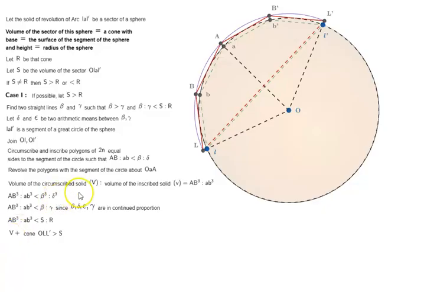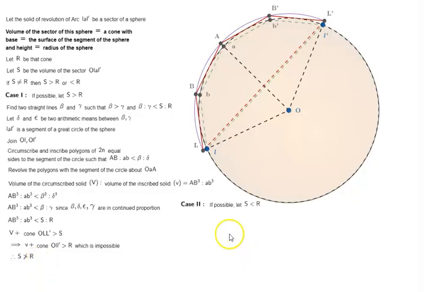Remember, this is the circumscribed solid plus the cone is greater than the volume of the sector, which implies, because of this proportionality, that lowercase b, which is the inscribed solid, plus cone OLL prime is also greater than R, which is impossible because an inscribed solid plus the cone OLL prime cannot be greater than the figure in which it is inscribed. So therefore, S is not greater than R.